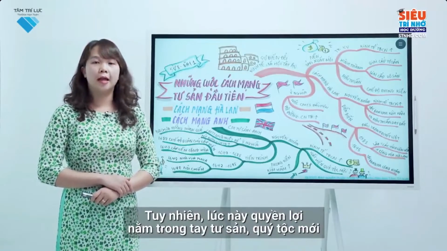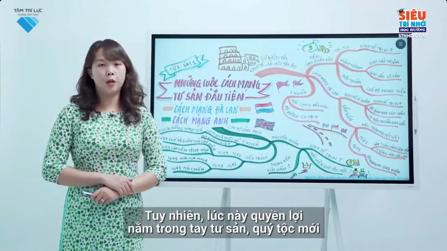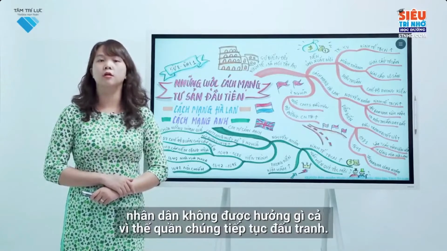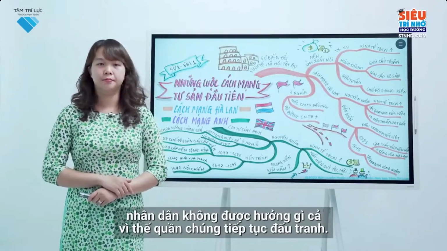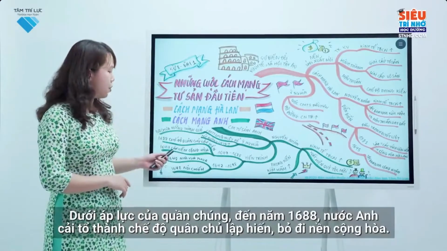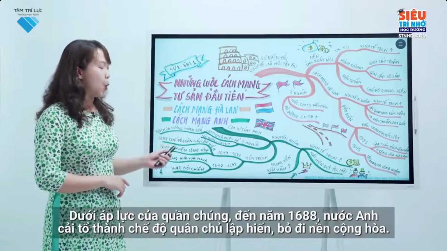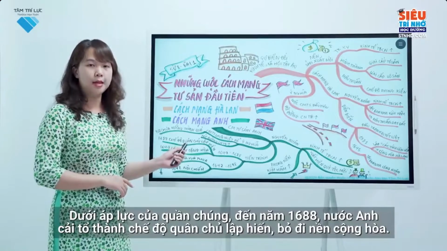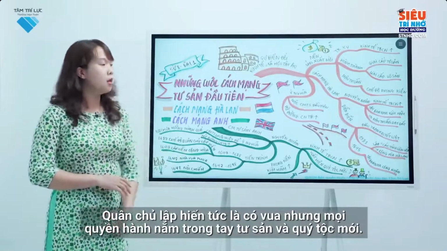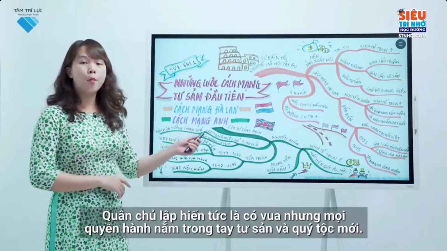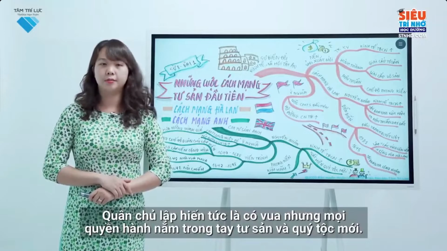However, the bourgeoisie and the new aristocrats possessed benefits, while people did not have anything, so the public continued to struggle. Owing to the public's pressure, in 1688, England reformed into a constitutional monarchy, and the republic was eradicated. In the constitutional monarchy system, it has a king, but all power is possessed by the bourgeoisie and the new aristocrats.